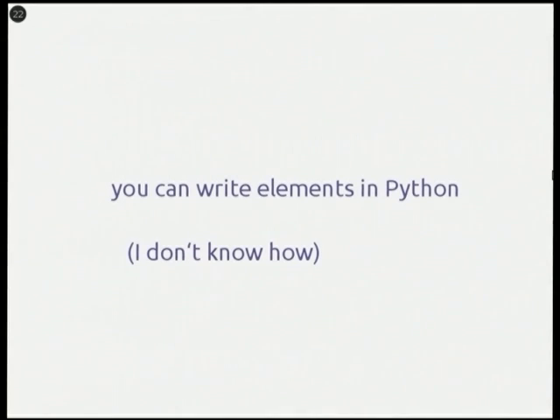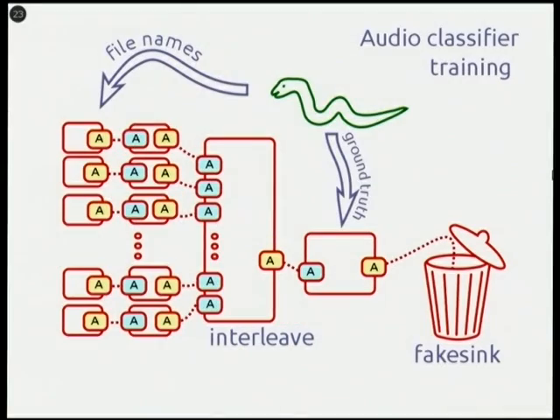And you can write them in Python. There are other things to help you with that, but I don't know how, I don't use them. I think it's probably only really feasible with audio, not with video, but I haven't proven that. So put that aside. Here's another kind of pipeline you can do.